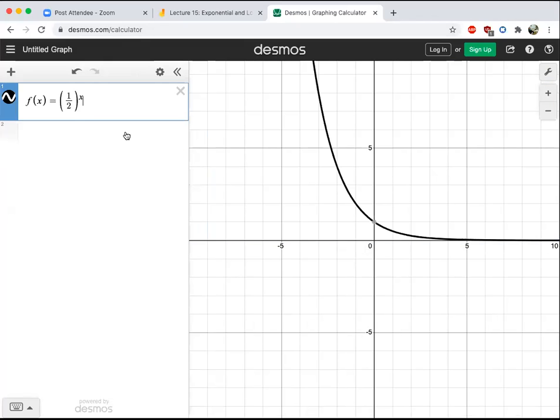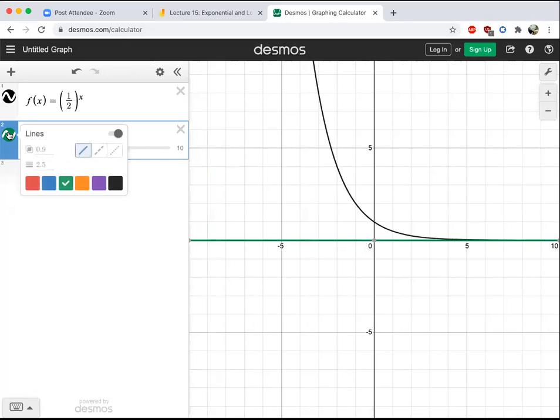Another thing, vertical asymptotes, it obviously has none. Horizontal asymptotes, remember we had y equals 0. So I'm going to graph that, and I'm going to make it a dotted line. Perfect. So the graph actually never crosses this line. Okay.